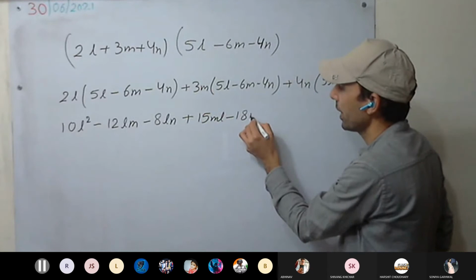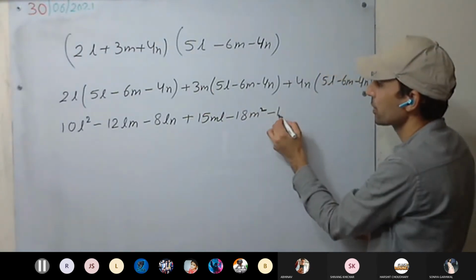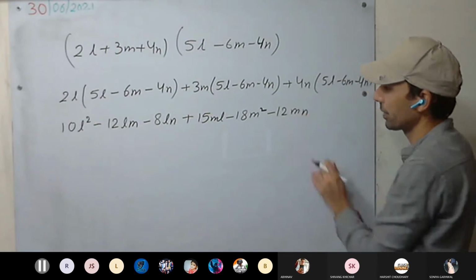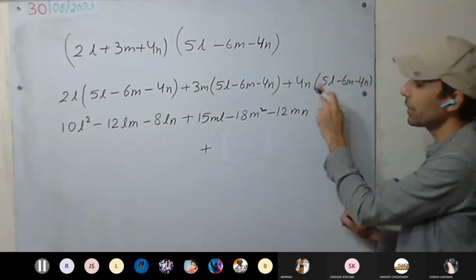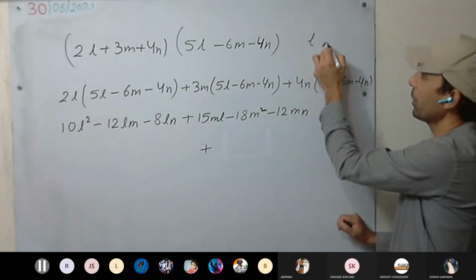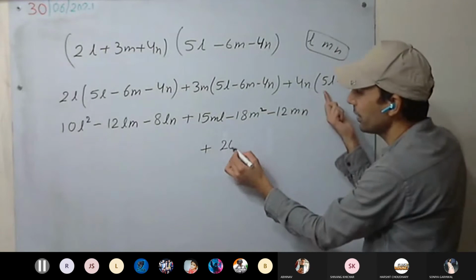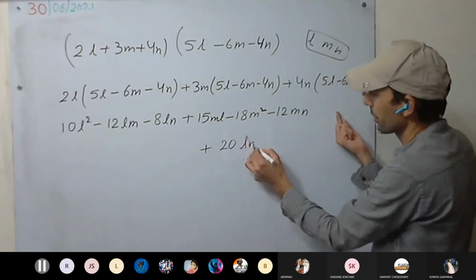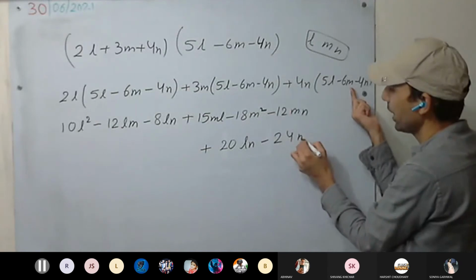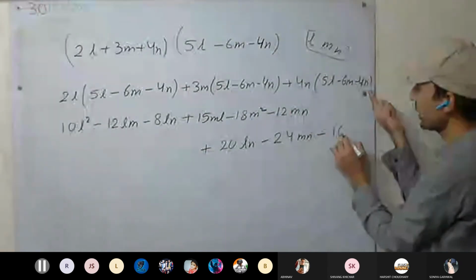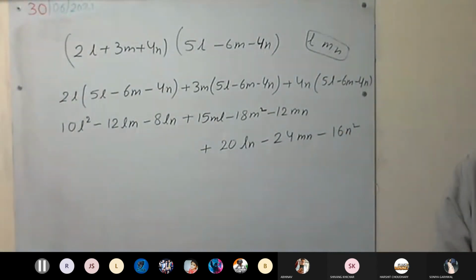Minus 18 M square. Minus 12 MN. Plus, first I'll write L, then M, then N; this order I'll follow. So I'll write it as 20 LN. Minus 24 MN minus 16 N square. This is there.